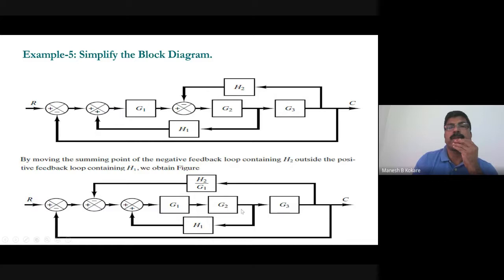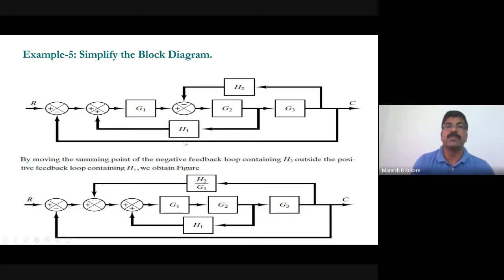Here what I have done is that, okay, shifting this takeoff point, but we can do it this way. For example, if you shift this takeoff point here, this will be modified as H1 by G3, right? So H1 by G3 will be, if you shift this takeoff point here, so this will be modified as H1 by G3.